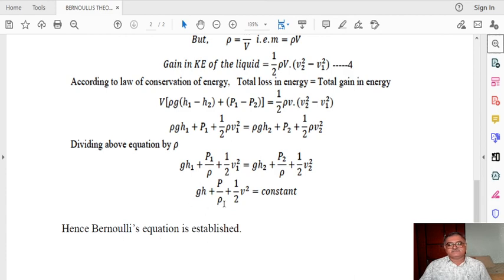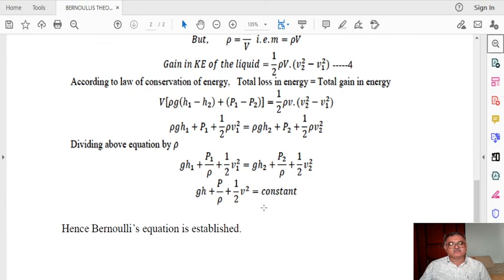See friends, this equation is asked many times in university examinations for deriving it in the question of viscosity, so keep in mind and remember these things about Bernoulli's theorem.